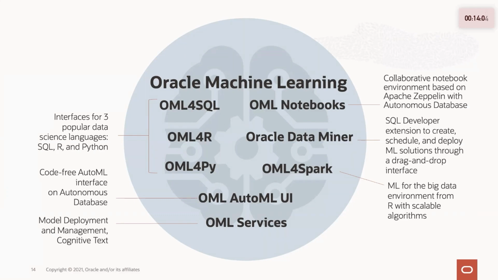So in the database and in Autonomous in particular right now, we're going to see the SQL, we have OML for Python, we have an upcoming Oracle Machine Learning for R, and then we have the notebooks on the right-hand side, the Oracle Data Miner UI, and we have the Oracle Machine Learning for Spark, which runs in the Big Data Service. Now, at the bottom, you see the Oracle Machine Learning AutoML UI, and then the Oracle Machine Learning Services, right? These are the two components that are probably the newest, the youngest ones in our components.